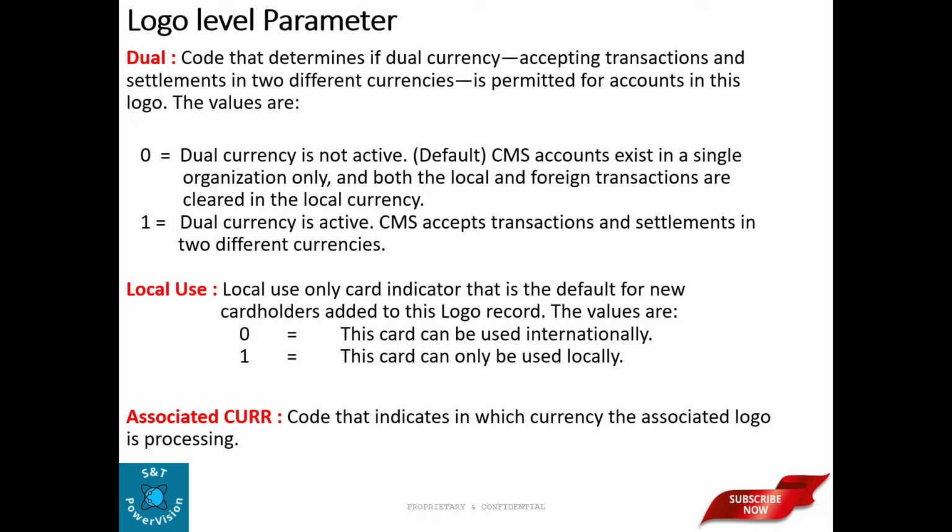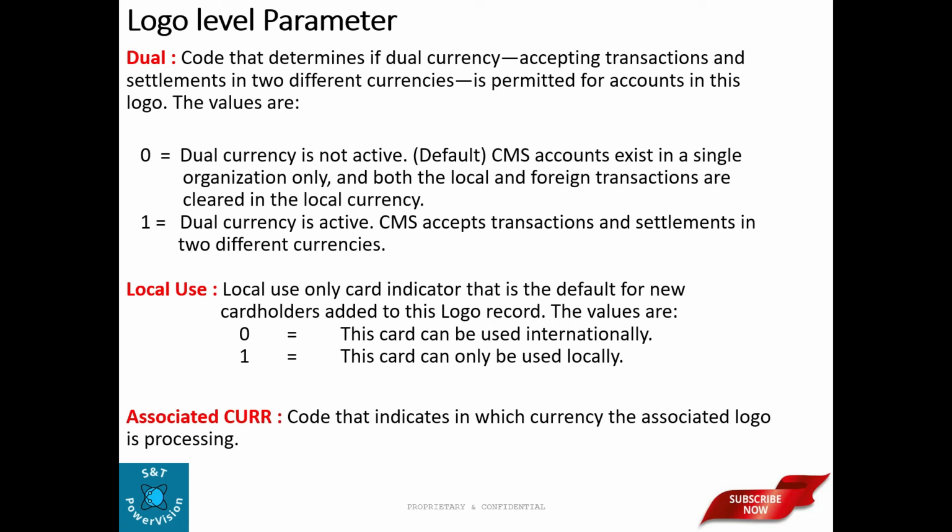The value 0 means dual currency is not active, the CMS account exists in a single organization only, and both local and foreign transactions are cleared in the local currency. 1 means dual currency is active, and the CMS accepts transactions and settlement in two different currencies. Local use only is the card indicator that is the default for new cardholders added to this logo record. The value 0 means this record can be used internationally, and 1 means this card can be used locally only.